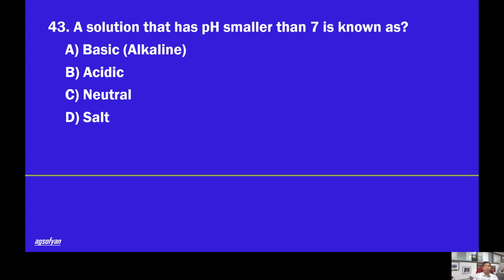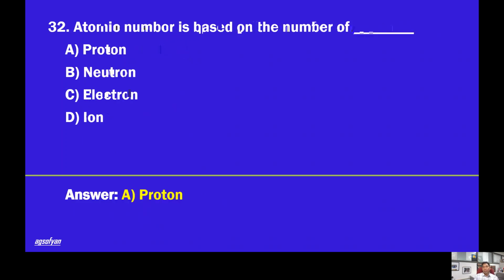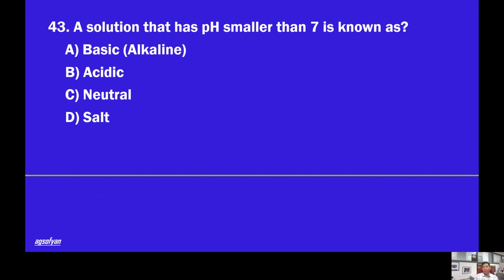Number 43. A solution that has pH smaller than 7 is known as A. Basic or alkaline, B. Acidic, C. Neutral, D. Salt. Choose your answer. Yes, if it is lower than 7, then that solution is called an acidic solution.